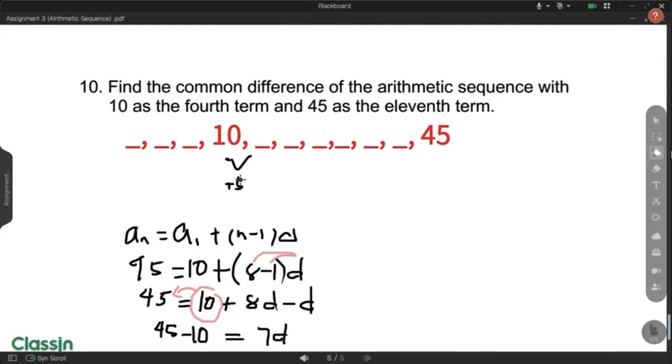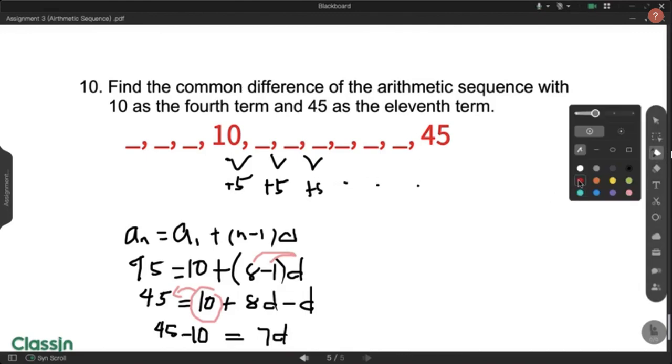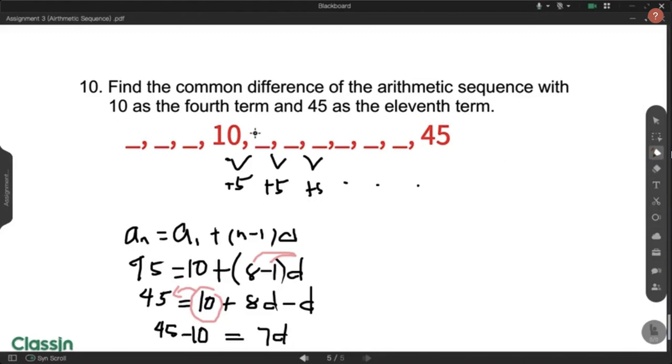Plus 5, plus 5, plus 5, and so on. 10 plus 5, 15, plus 5, 20, plus 5, 25, plus 5, 30, plus 5, 35, plus 5, 40, and plus 5 is 45.